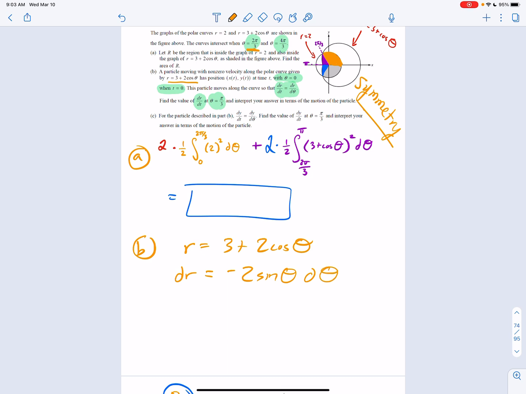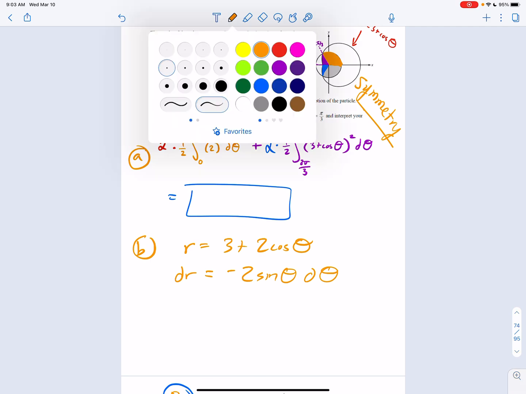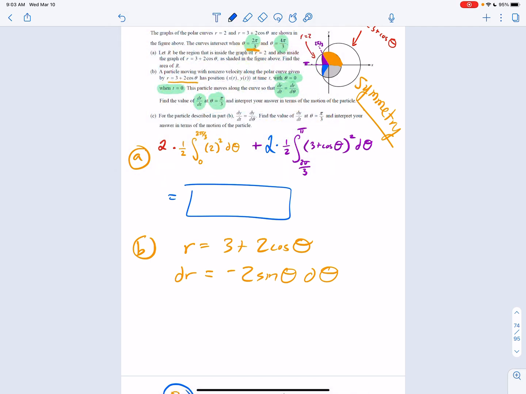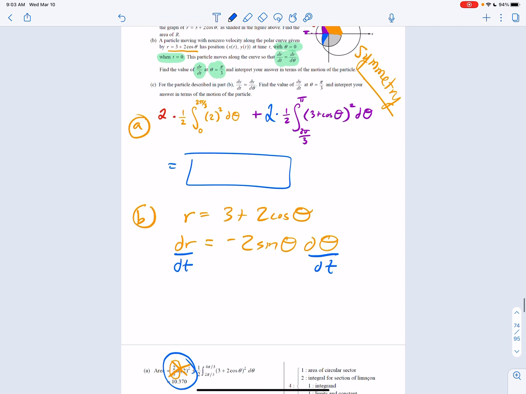Okay? Since we're trying to find dr dt, we're going to divide by dt here. Okay? So what am I missing here?